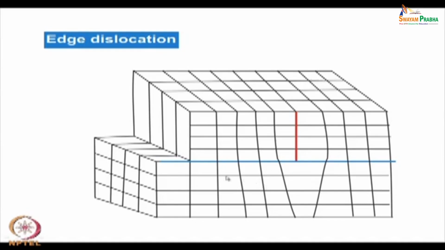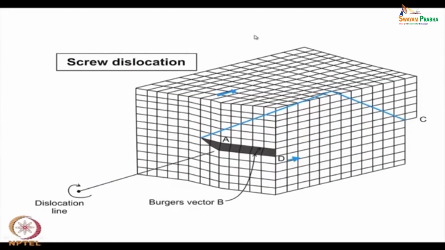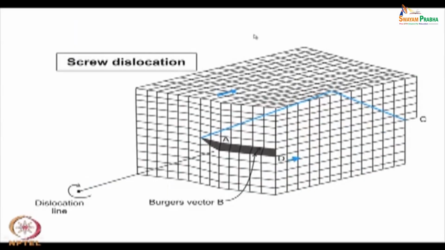So, the movement is taking place from left to right, and the dislocation boundary is from the front to the back. So, the dislocation line is perpendicular to the application of the stress, whereas in the second case the dislocation line is parallel to the direction of application of stress.